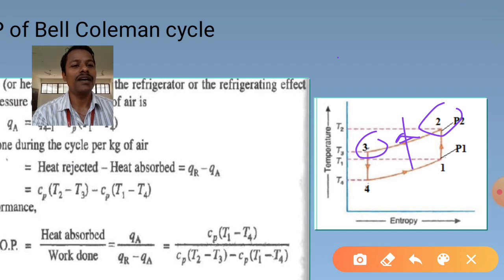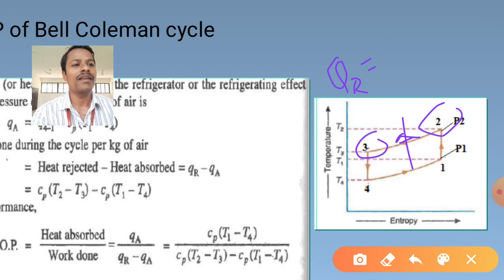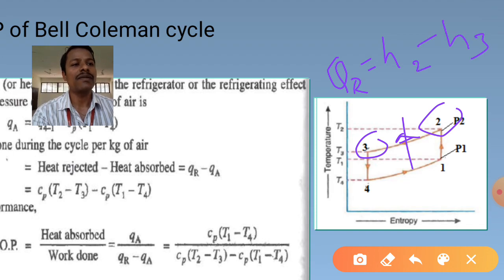So heat rejected QR I can write as H2 minus H3. This can be written as Cp into T2 minus T3.